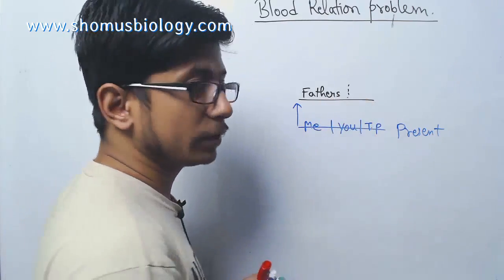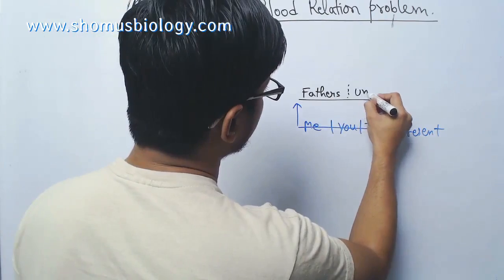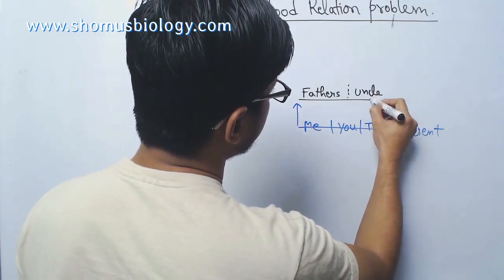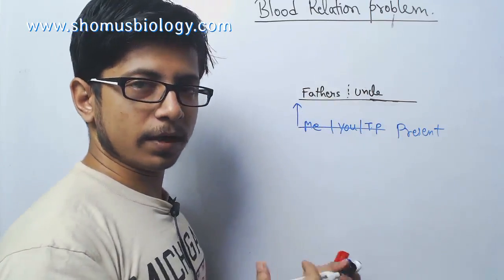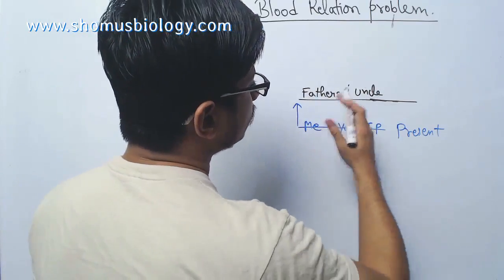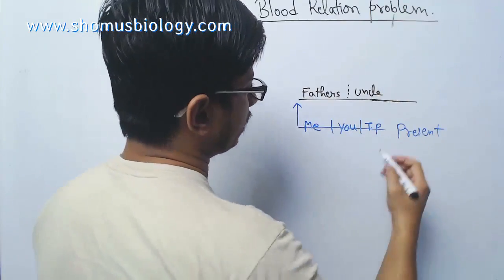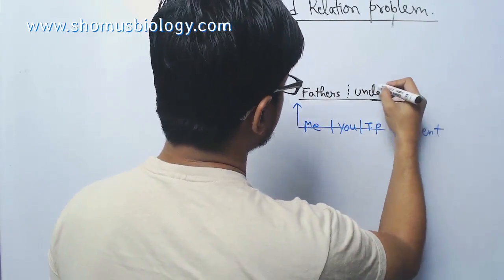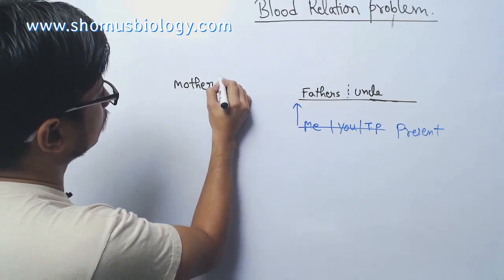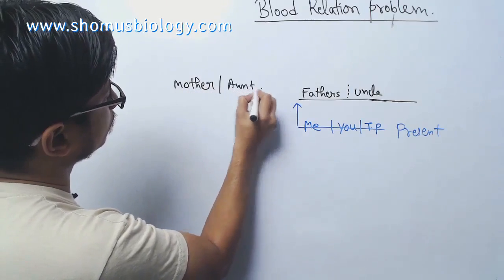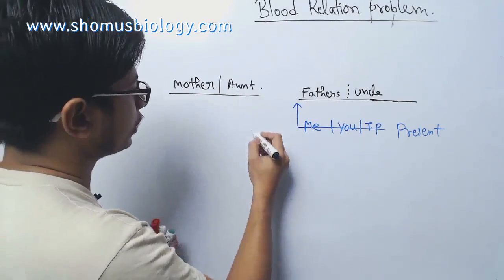If we look at males, there will be father and uncle, and from the female perspective we also have mother and aunt. Okay, one generation up.